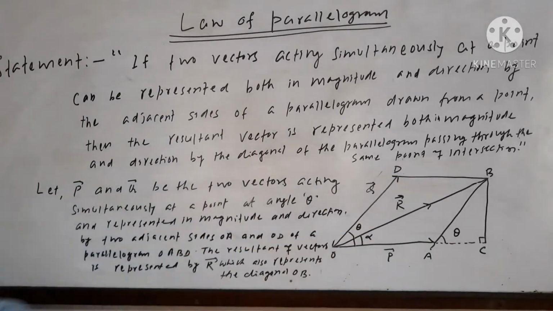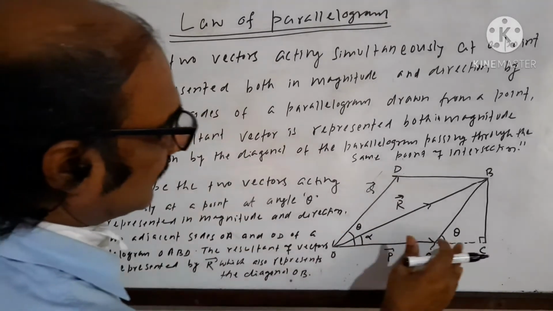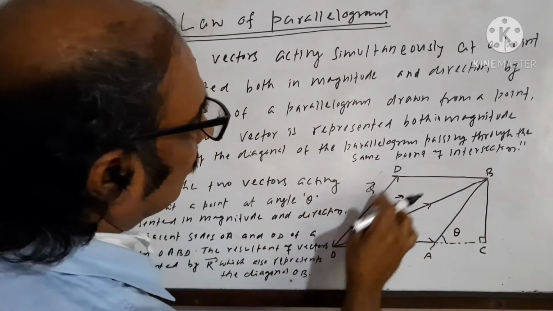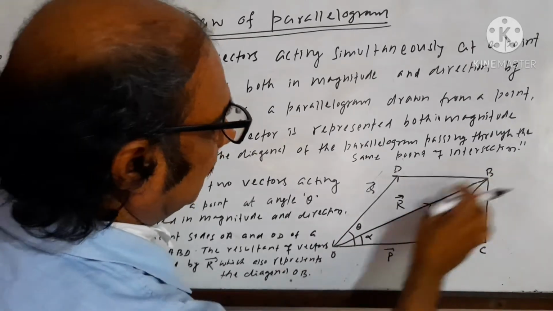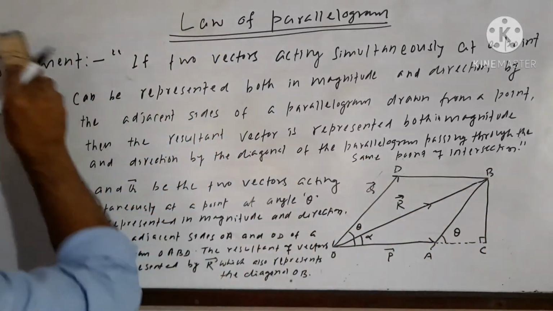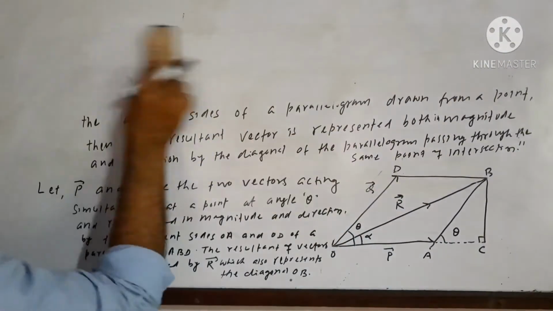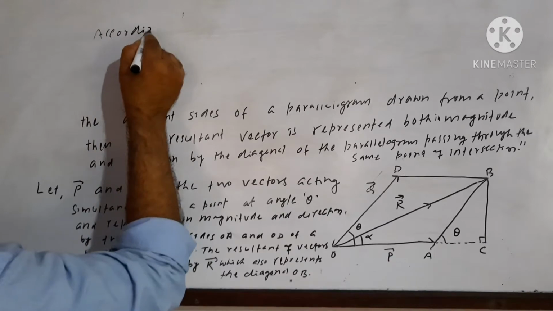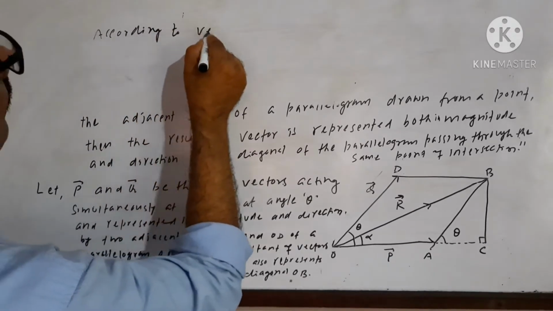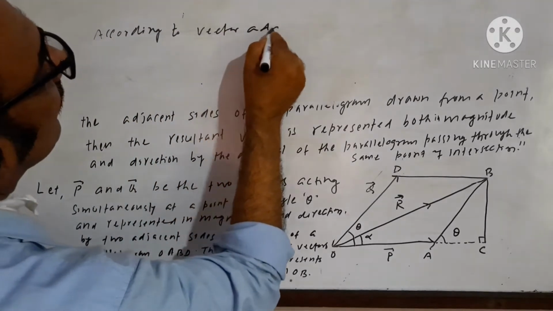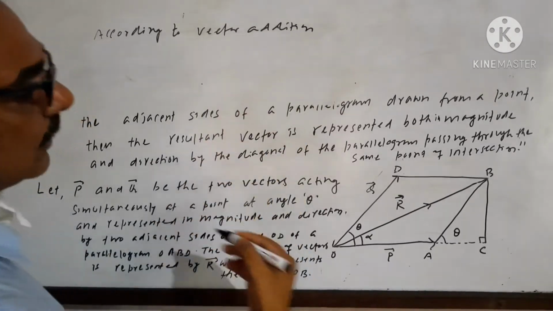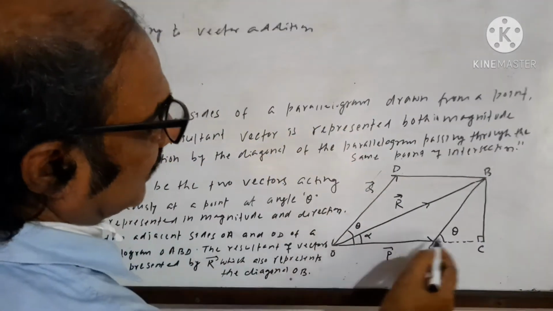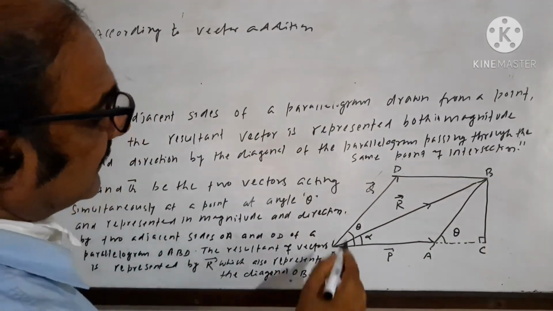And now come to the vector addition. According to the law of vector addition, OA plus AB, because AB is parallel to OD, so OA plus AB equals OB. According to vector addition, or the law of triangle, or the law of parallelogram, this is actually the law of vector addition.